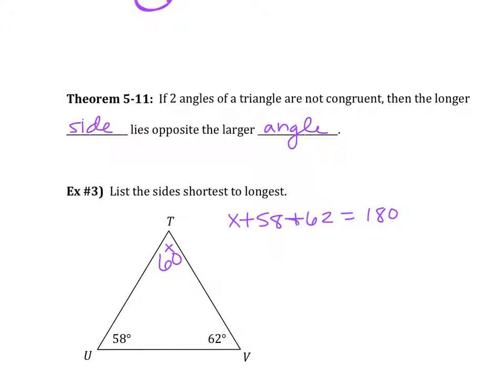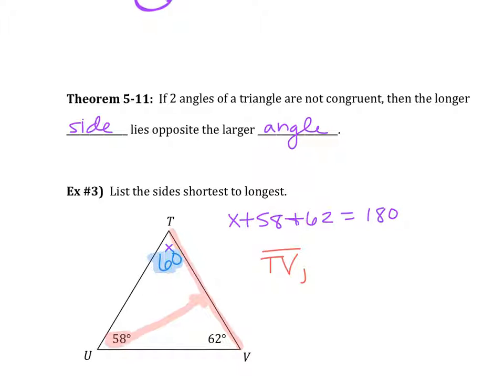I want the sides from shortest to longest. What is your shortest side going to be? TV. So you have the smallest angle and across the way, the shortest side. So TV would be the shortest. What would come next? UV, right?